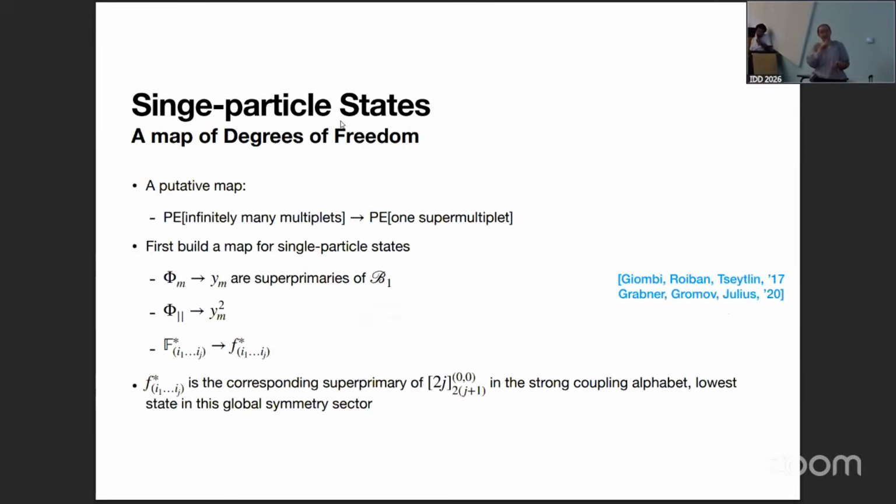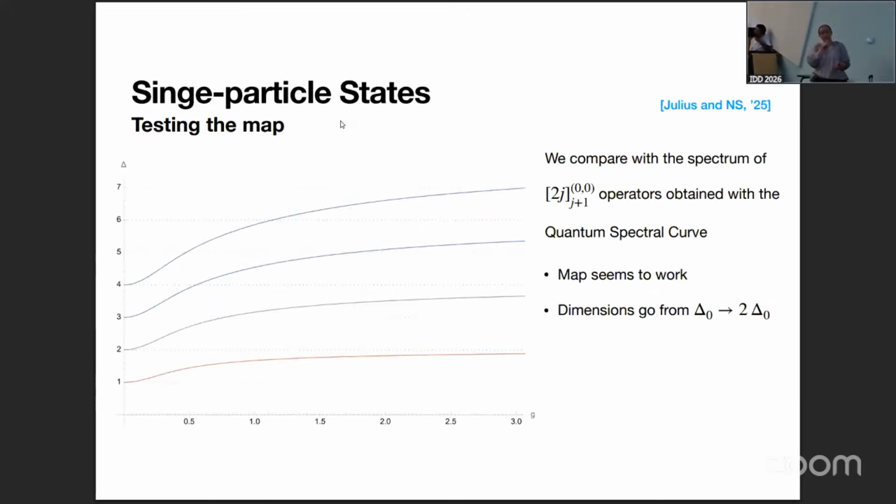Okay, so our main prediction is that the dimension for single particle states at weak coupling doubles at strong coupling. This is one of the basic predictions we make, apart from the construction itself. And we see that indeed, these are new states which we get from the quantum spectral curve, with spin, and they are very helpful for understanding if we are indeed right, because we didn't have these states before we constructed the map.